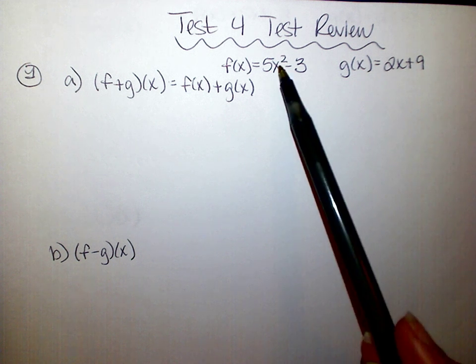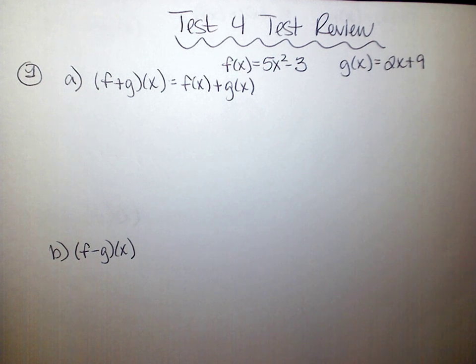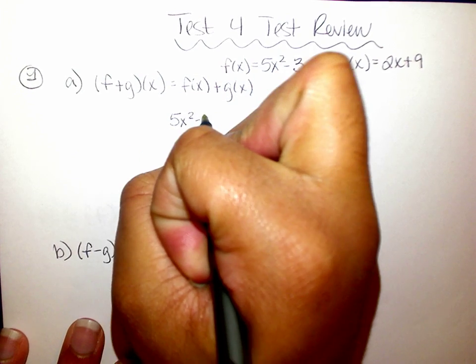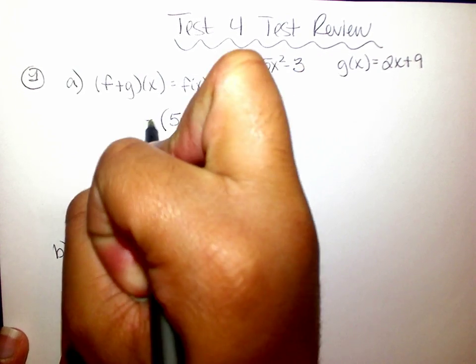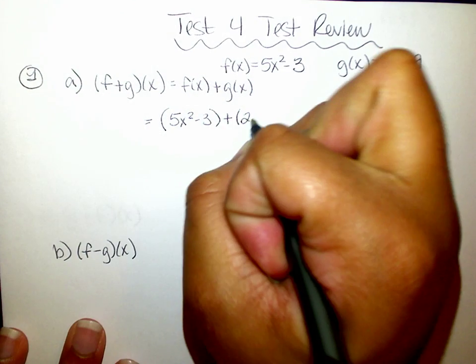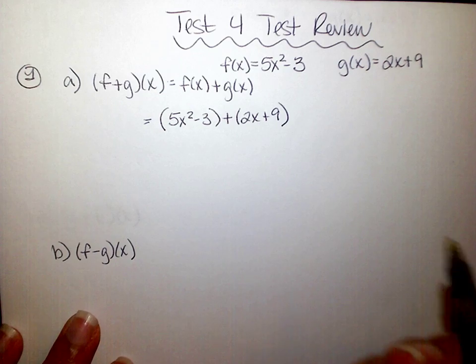So then we're going to substitute these function rules in for f and g. So we're going to get 5x squared minus 3 plus 2x plus 9. So the operation is addition, so we're just going to combine our like terms.